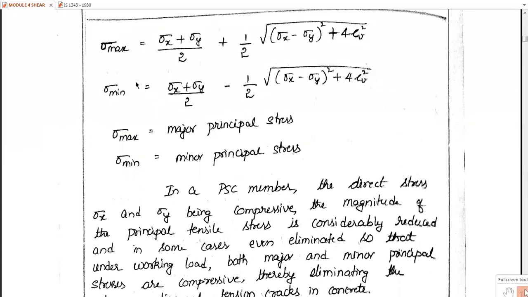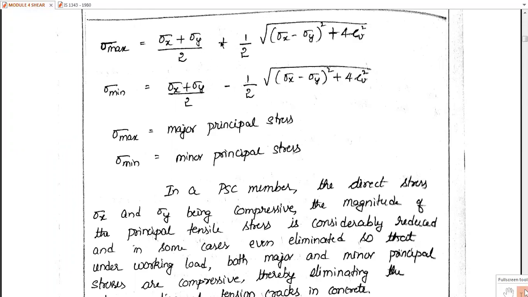Sigma max is referred to as the major principal stress. Sigma max is equal to sigma x plus sigma y by 2 plus half under root of sigma x minus sigma y whole square plus 4 into tau v square. And the minor principal stress is given by sigma min is equal to sigma x plus sigma y by 2 minus half under root of sigma x minus sigma y whole square plus 4 into tau v square.